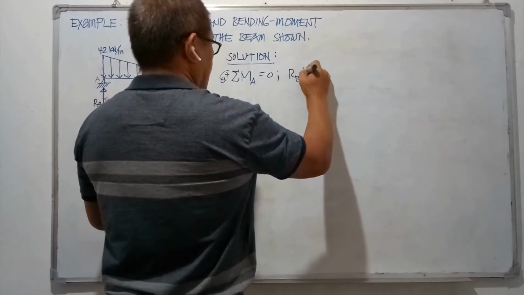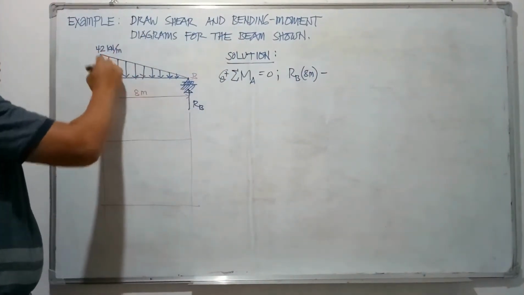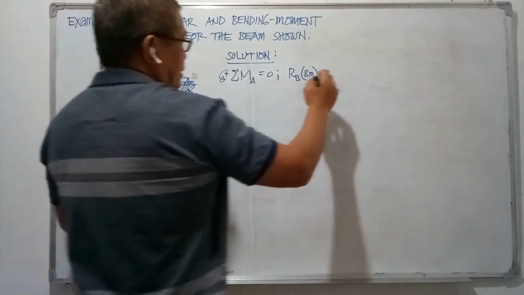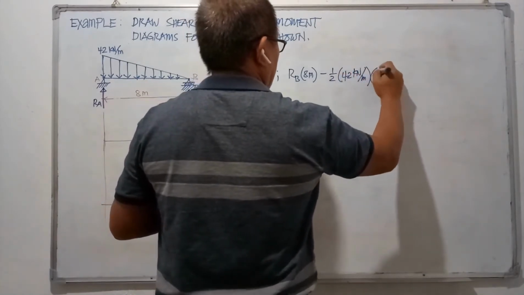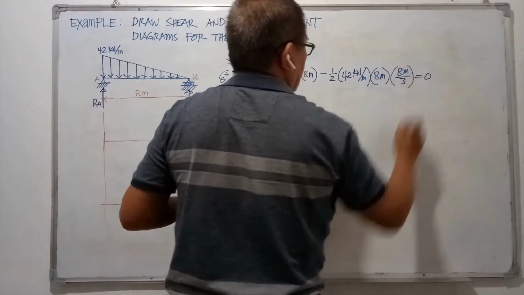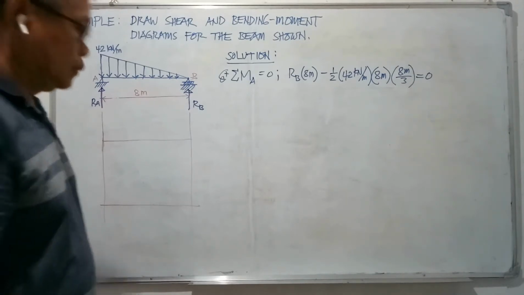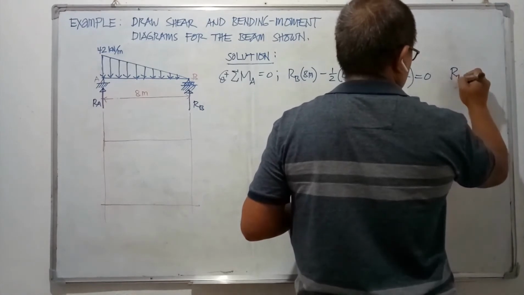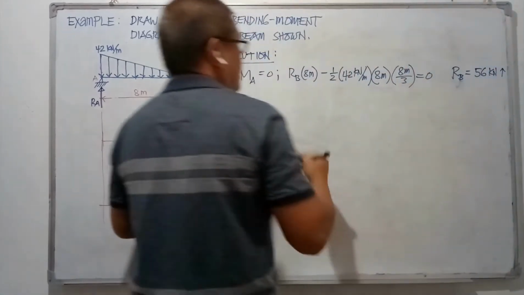Plus R sub B times 8 meters, then minus the total force due to this triangular loading, which will be acting at 1/3 of the span from point A. And the area is 1/2 times 42 times 8 meters, and then the moment arm is 8 meters divided by 3, equal to 0. And then R sub B.